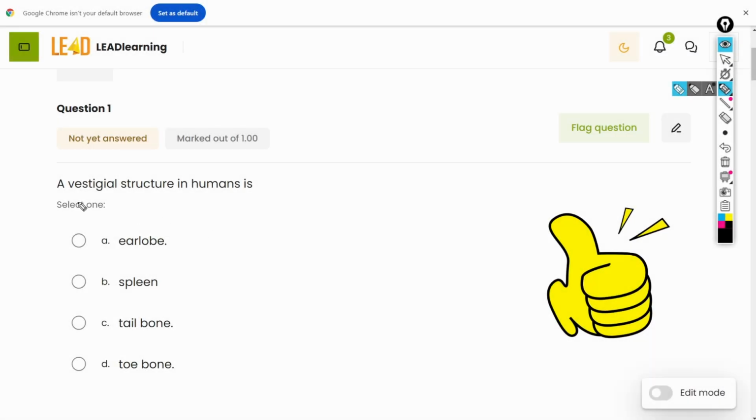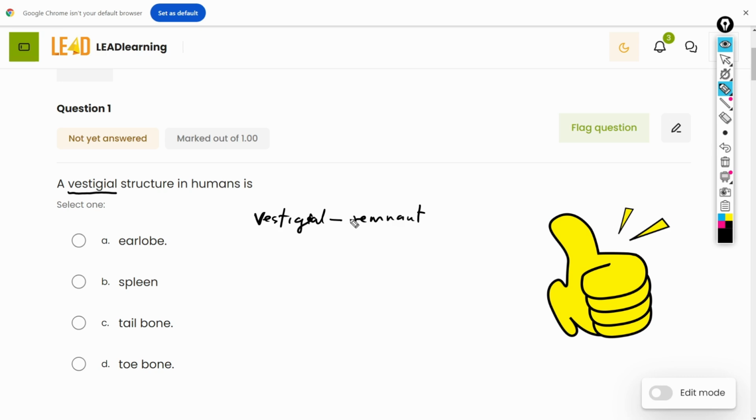Question 1. The vestigial structure in humans. The word vestigial means remnant. It means remnant, or what is left off from an ancestral organism.